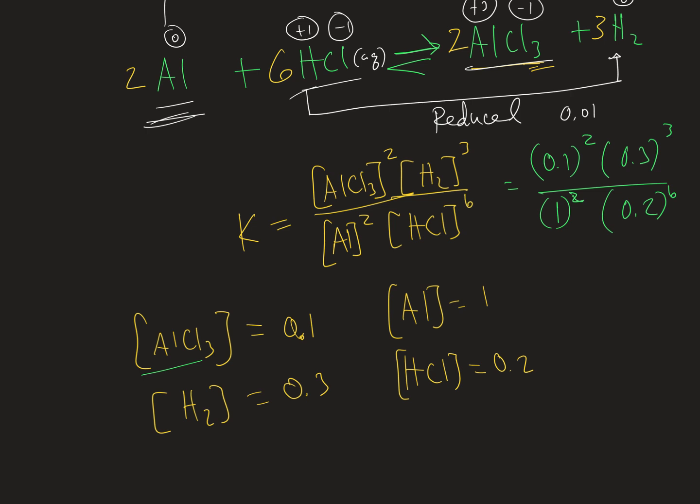I'm going to use a calculator because it's much easier. 0.3 times 0.3 times 0.3 is 0.027. And 1 squared is 1. 0.2 raised to the 6th power is 0.000064.